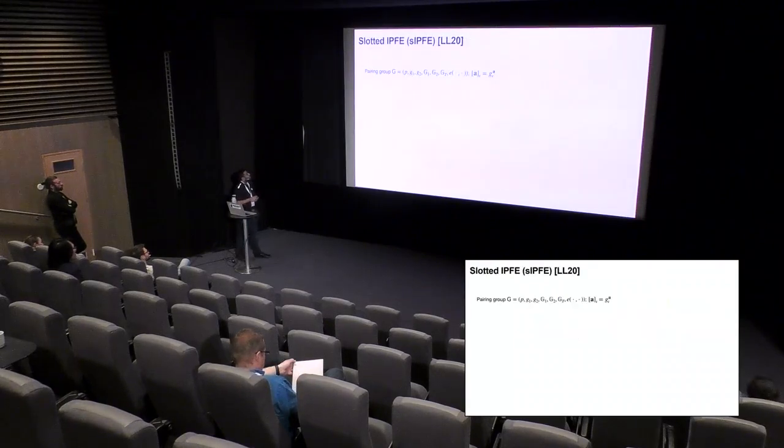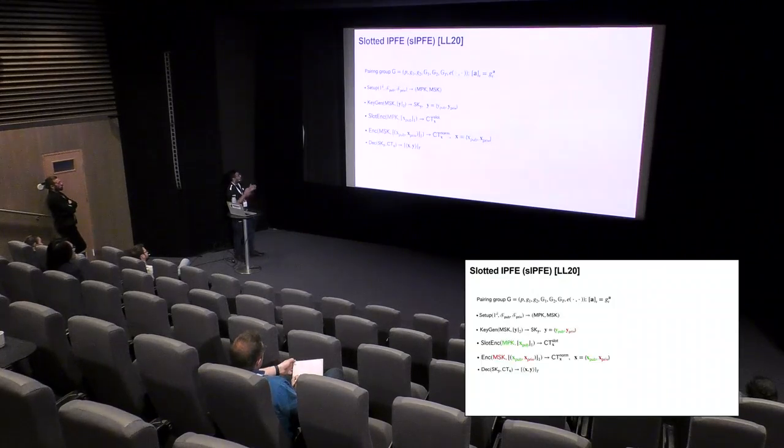Okay, now let's recall the syntax of the slotted IPFE of LL20. It is a hybrid of public key and private key IPFEs, where the master public key is used to encrypt the public slot and the master secret key is used to encrypt both the public and private slots.